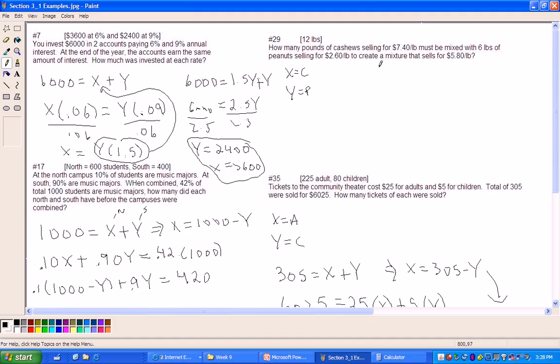So we know that our final mixture price is going to be X, the number of pounds of cashews, times 7.40 a pound, plus, in this case we know the amount of peanuts we're going to have. It's going to be 6 pounds of peanuts times 2.60 a pound.